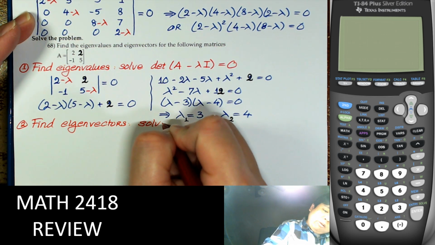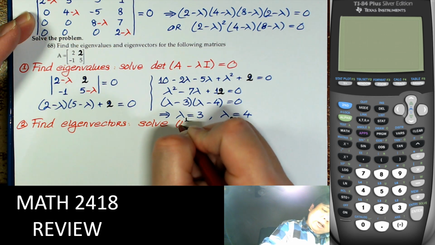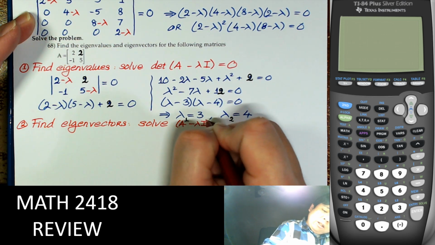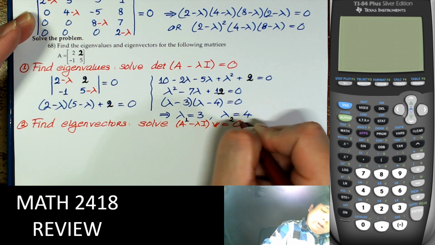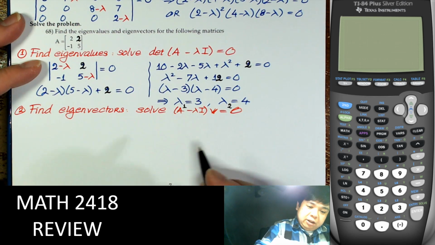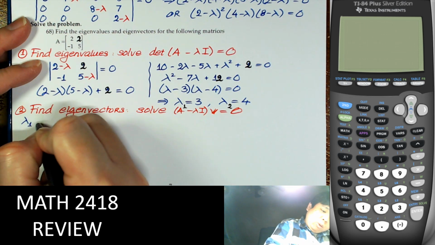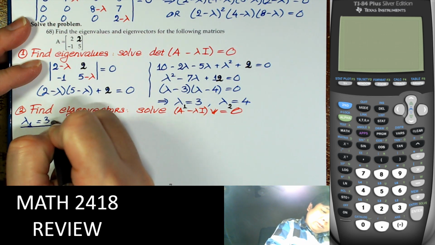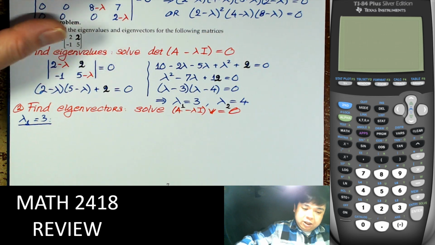Meaning we will solve the equation A minus lambda I times v equal to 0 vector. Right, first for lambda of 3, we do that.